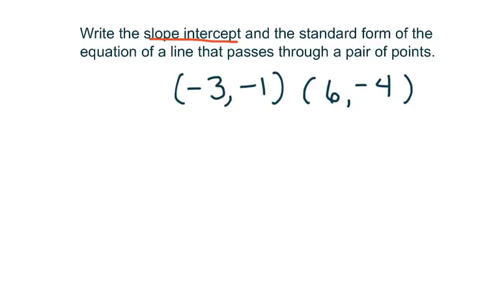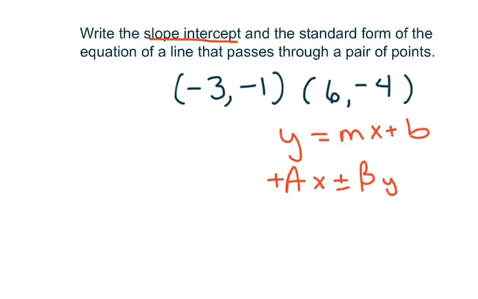The first thing we're going to do is go to the slope-intercept form, then we're going to go to the standard form. So the first thing I'm going to do is find the slope.